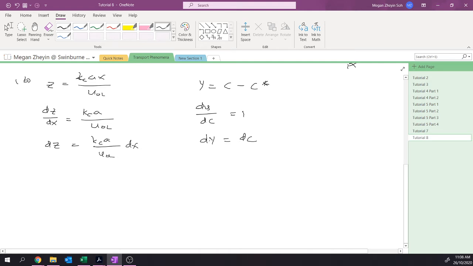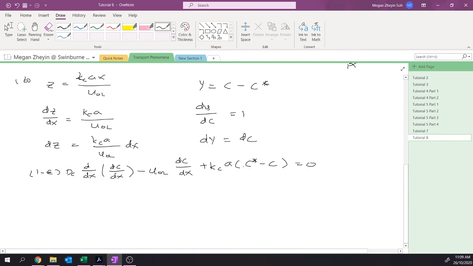In this case, from the equation above, from part A, 1 minus epsilon dc, we break this one down, becomes d dx over d dc over dx minus UOL dc dx plus kCa c star minus c equals to 0.